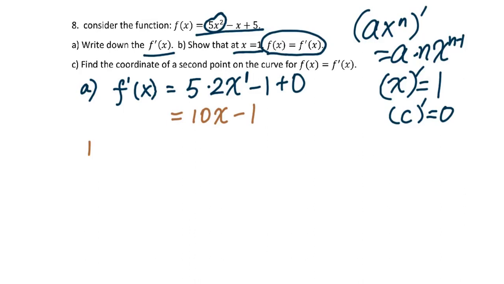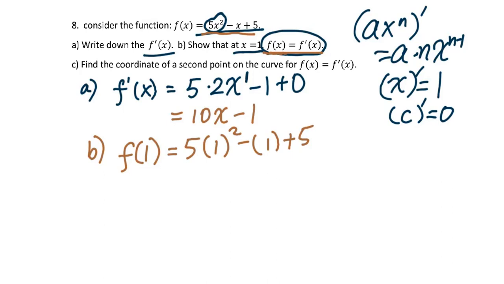That's for A. For B, we want to show that at x equals 1, these two are equal. So we're working on f of 1. We substitute into the original function: 5 times 1 squared minus 1 plus 5. So you will get 9.